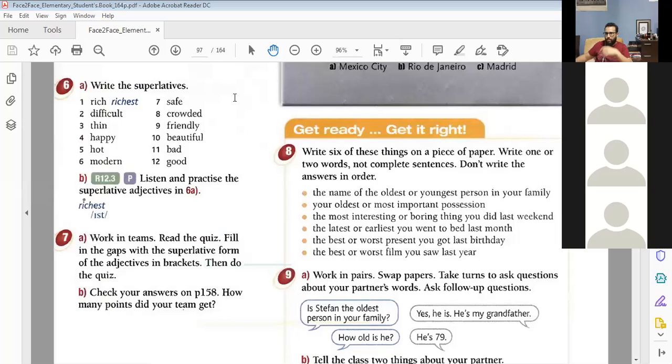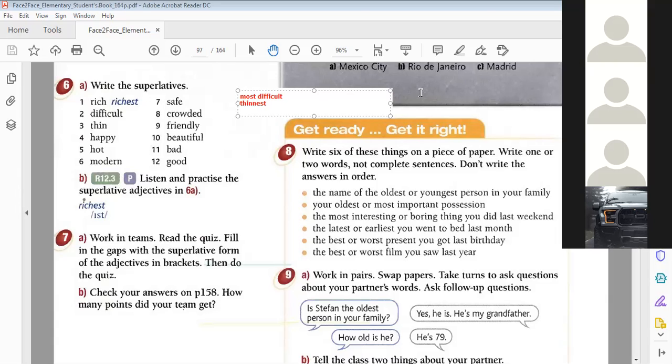Correct. So number 2, most difficult. What about number 3? Thinnest. Thinnest, yes. Number 4. Happiest. Happiest.